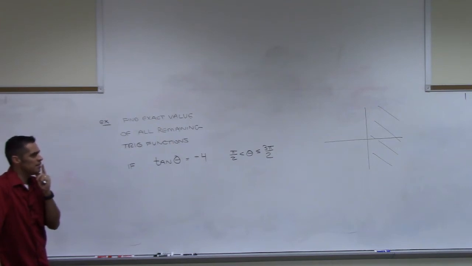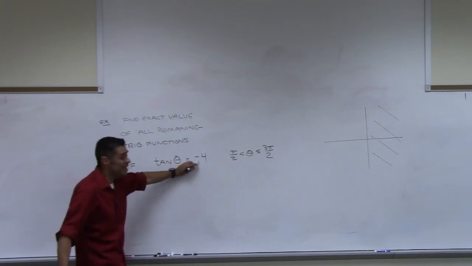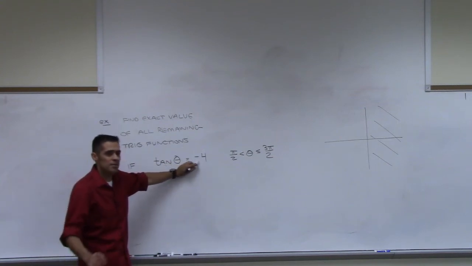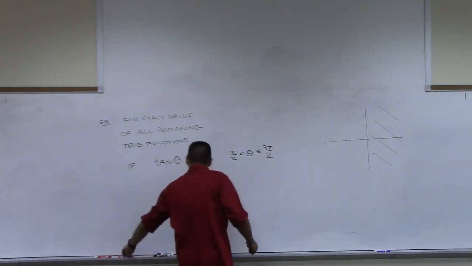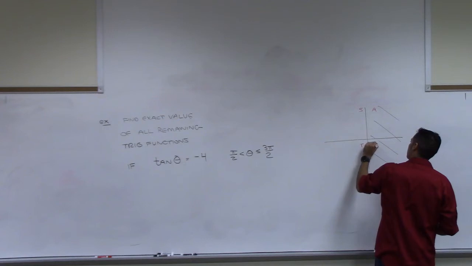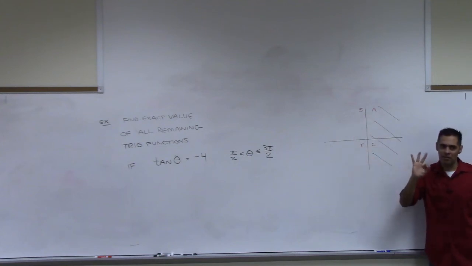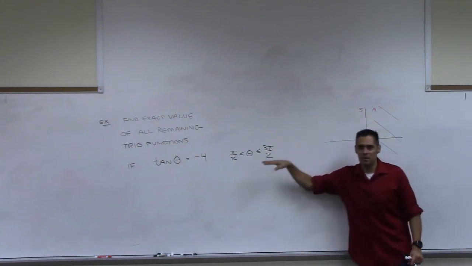I'm telling you that tangent here is negative. If we go back to the all students take calculus, remember I said last time, when we say this we're only actually talking about the first 3: sine, cosine, tangent.